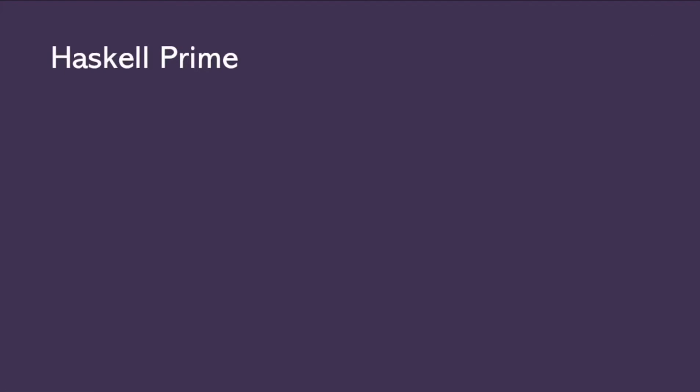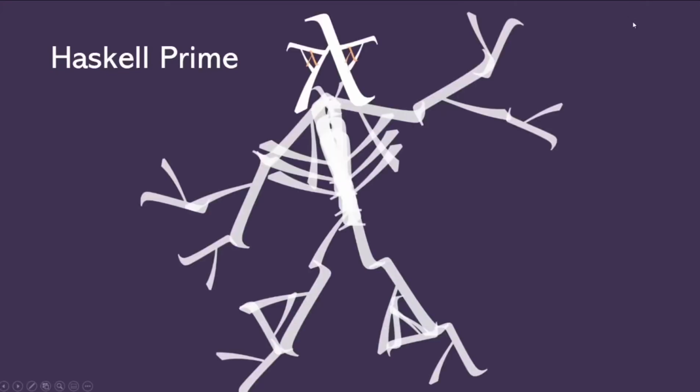We're going to quickly dive into Haskell Prime just for a slide or so. This is Haskell Prime. I think it's fairly obvious where Haskell Prime has come from and what defined it. If you combine precisely 19 lambdas in this configuration, you summon Haskell Prime, and it's unusual that that's a problem.